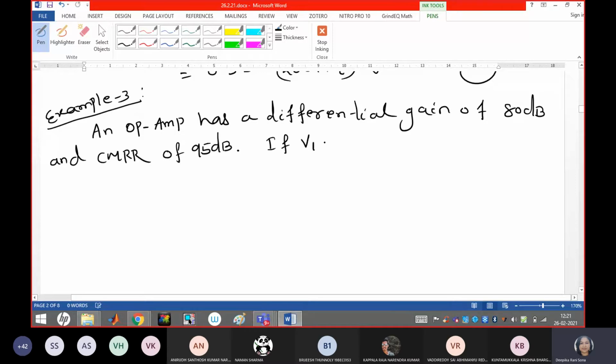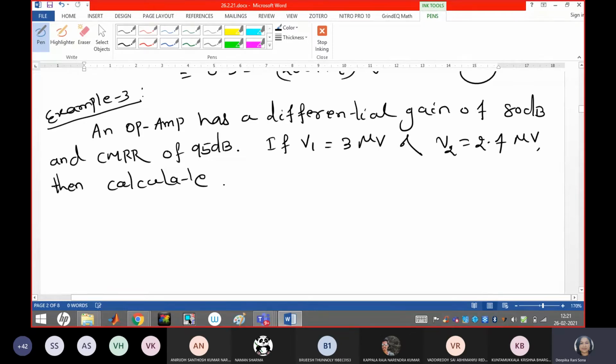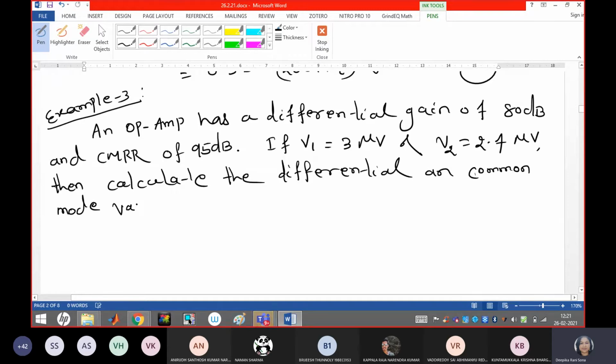If V1 equal to 3 microvolt and V2 equal to 2.4 microvolt, then calculate the differential and common mode values.